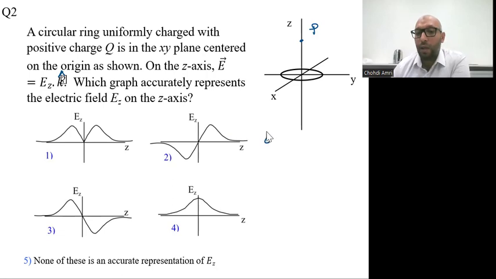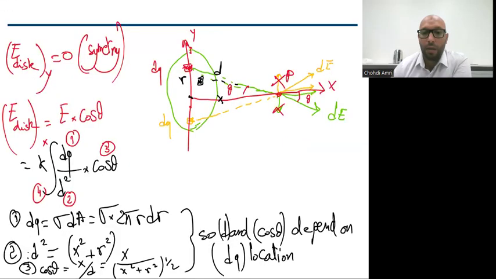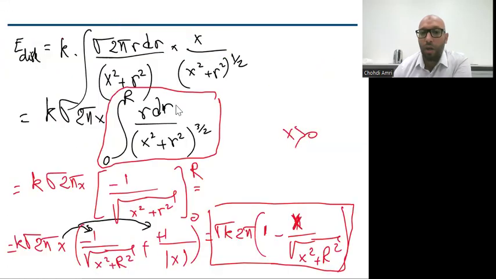What did we say in the example of the ring? For the ring, when the point is on the x-axis, we said that the expression of the electric field is the following. No, this is for the disk.